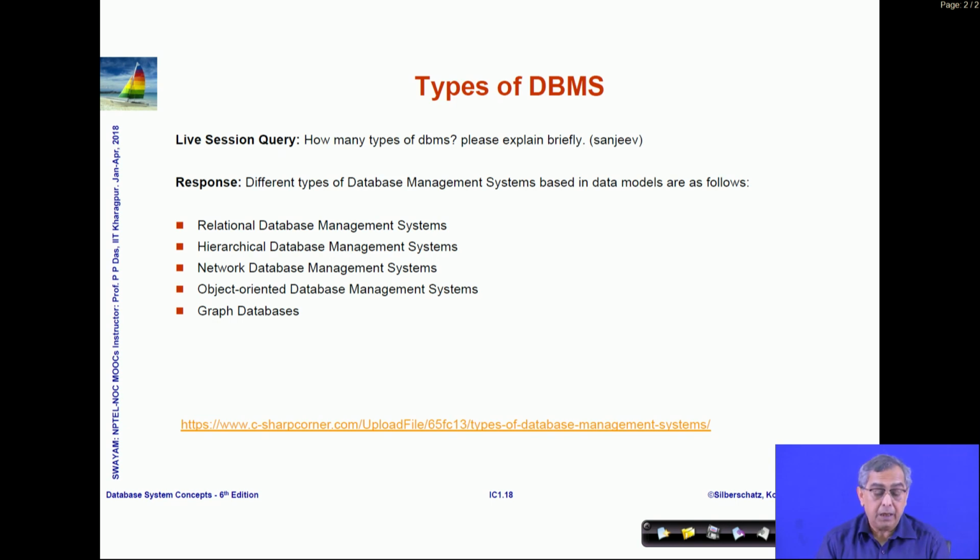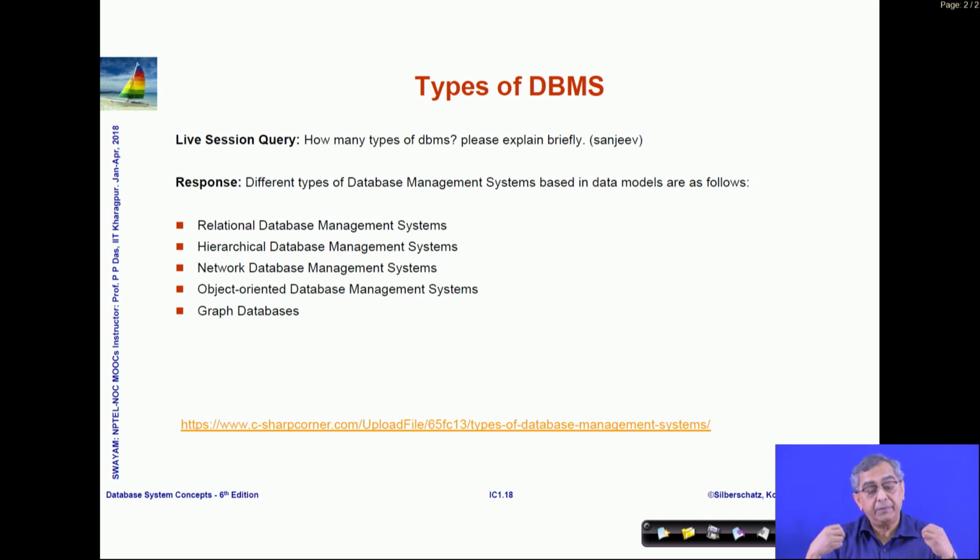Since I could not understand that, I have just given the answer here, assuming that you are looking for different kinds of DBMS systems which are based on various different models. What we have done significantly here is the relational database management system, but there have been other models like hierarchical data management system and network data management system.